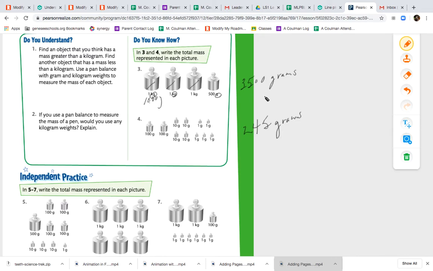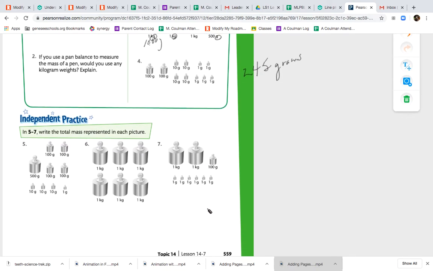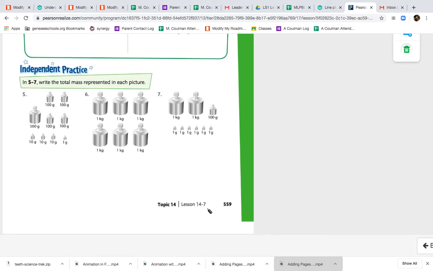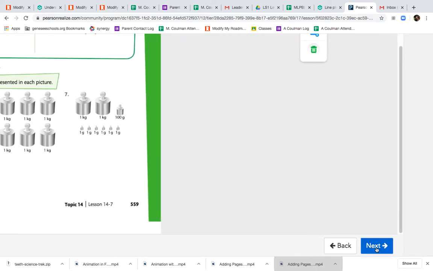Or just G would be fine too. So the same thing goes for your independent practice, and I think that you can handle that. You're going to have to switch these big kilograms to grams. These ones are fine. And the kilograms in the middle, you're just going to use those. So let's go ahead and go to the next page.